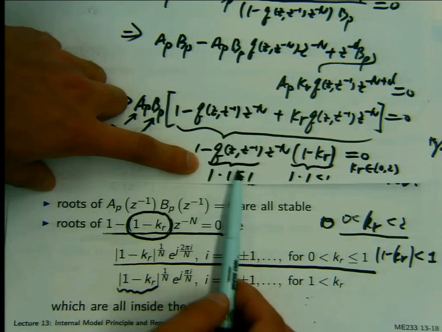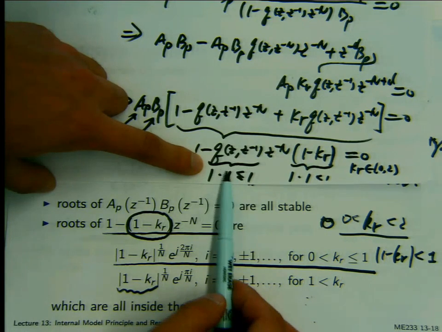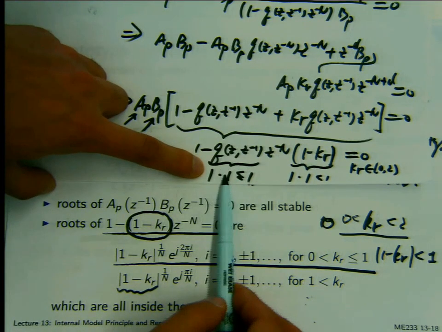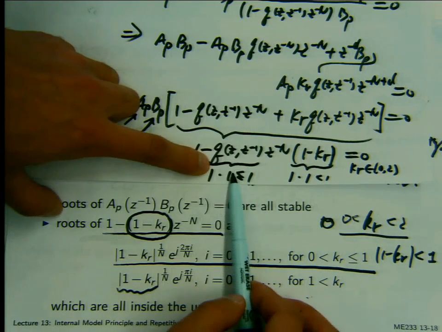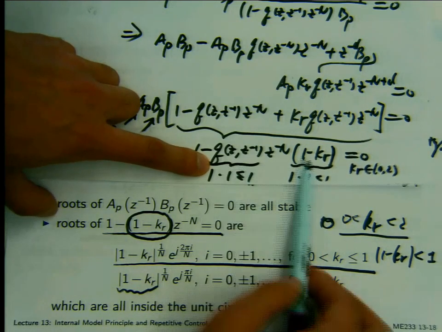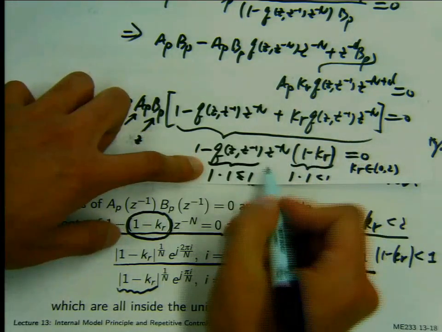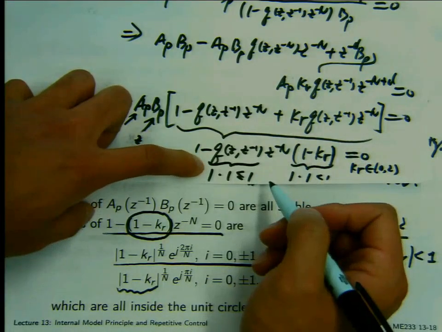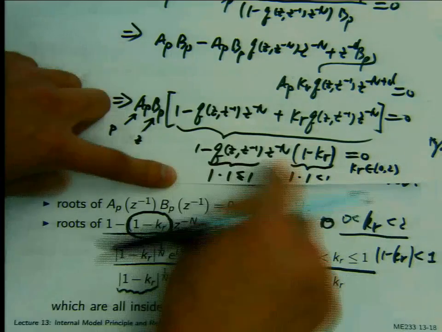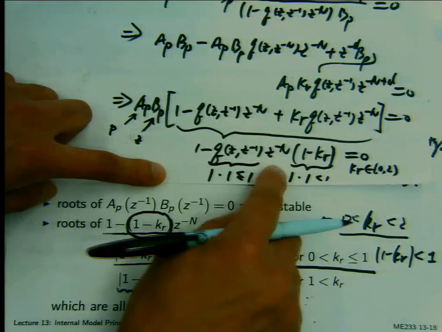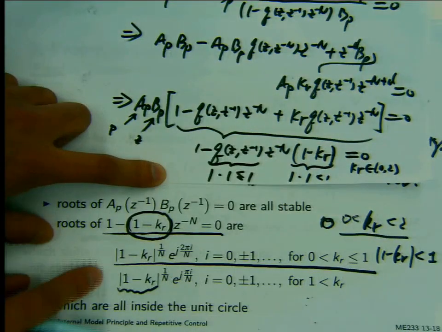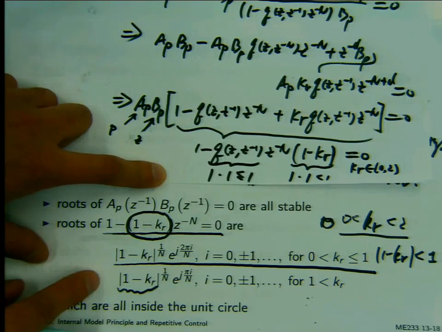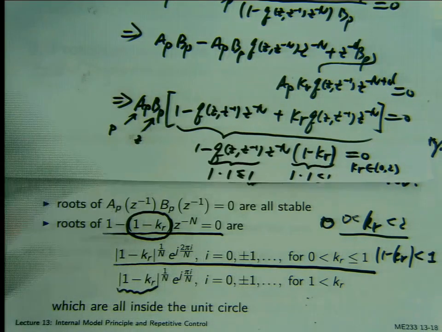Now I just have another term ahead of this, but its magnitude is less than or equal to 1. So something less than or equal to 1 times something less than 1, these two terms combined have magnitude less than 1. You can spend some time writing out the roots of this guy, but it's going to be stable, inside the unit circle. That's the conclusion to make.